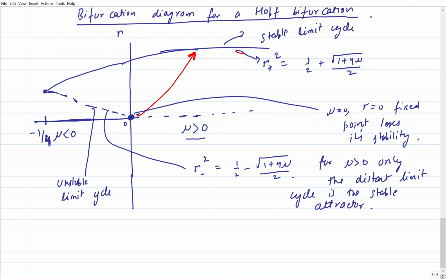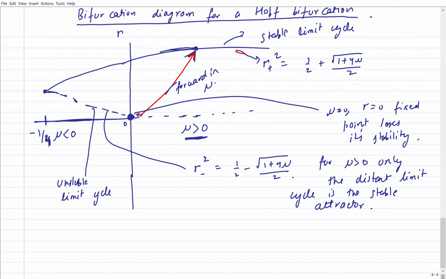And notice something very interesting. Let's say I am doing an experiment and I crank up mu. This guy has to jump to this. The trajectory has to go to over here. Now once I backtrack, so this is the motion forward in mu, the parameter. Now as I crank down the parameter, it's not going to follow this path.